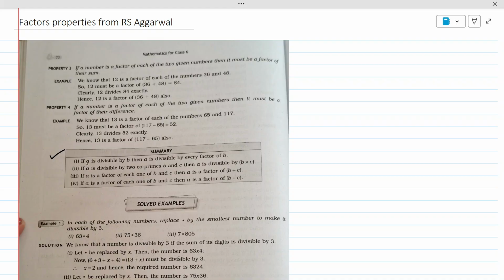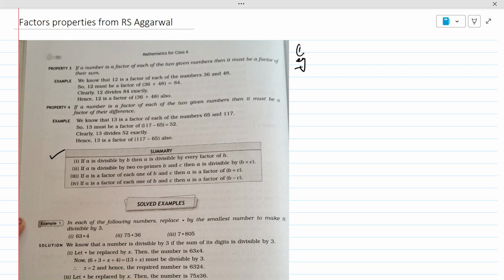The first one is: if A is divisible by B, then A is divisible by every factor of B. Supposedly we have a number A. I'm taking an example here.